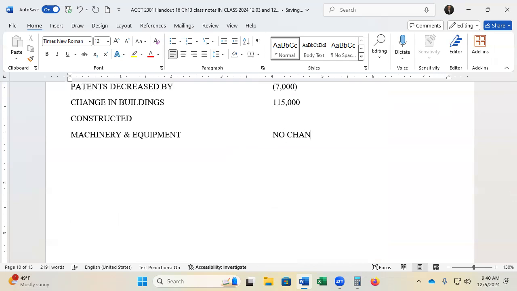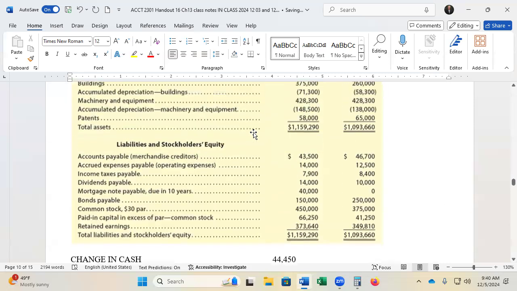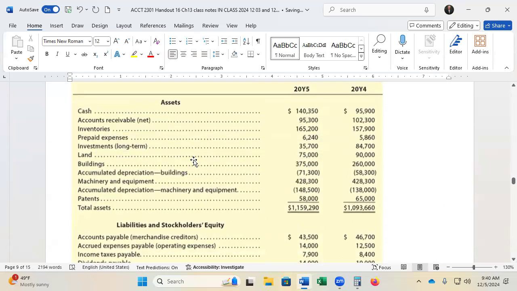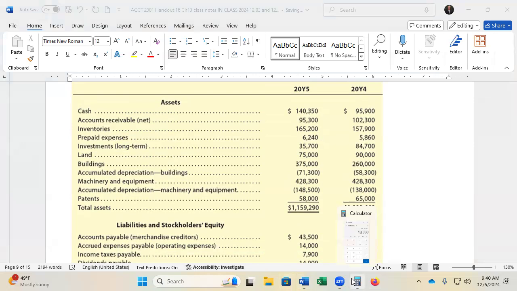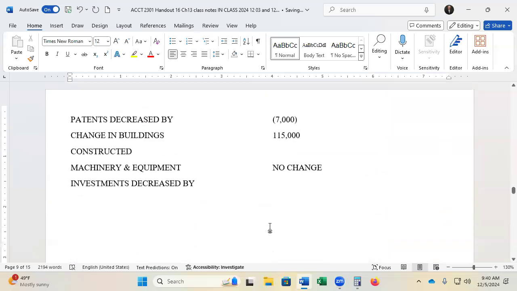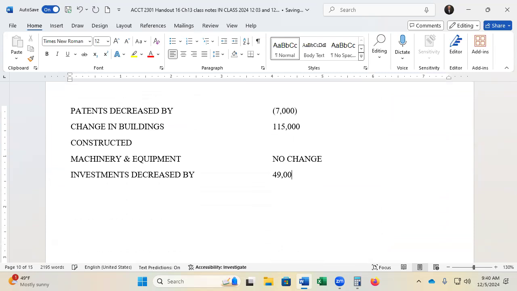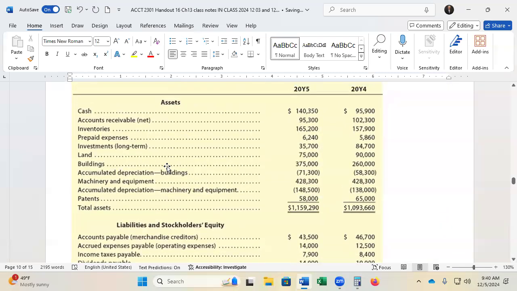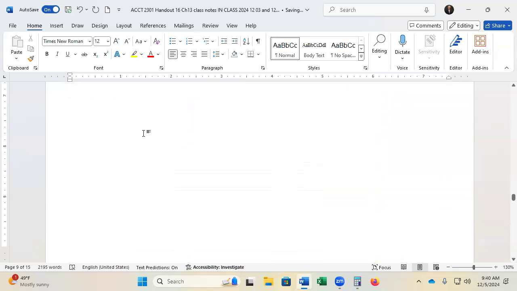Sorry, no change. But investments decreased by 84,700 minus 35,700, so 49,000. Okay, and now we want to look over the income statement, right?